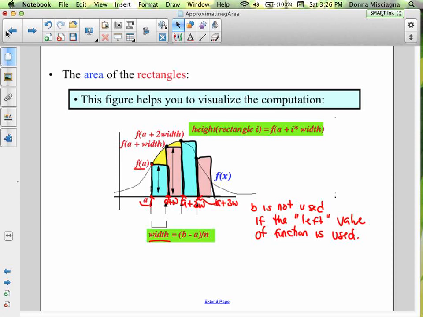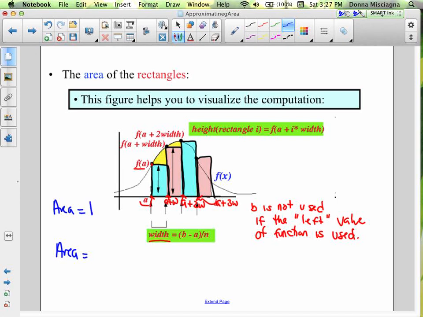All right, so my area here is going to equal the height times the width. Let's call it height, not length, because these are the heights of our rectangles.